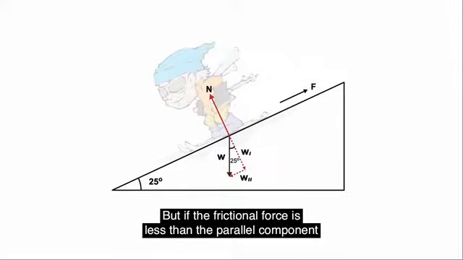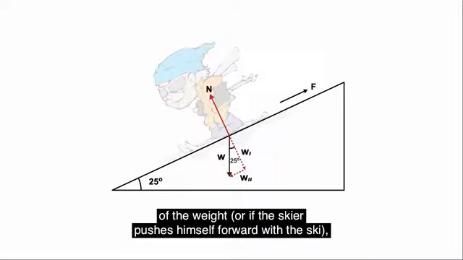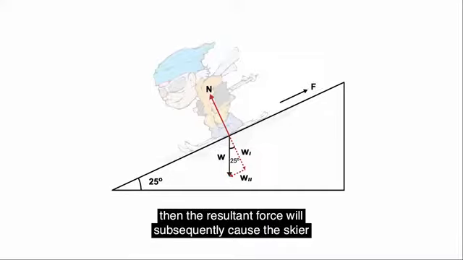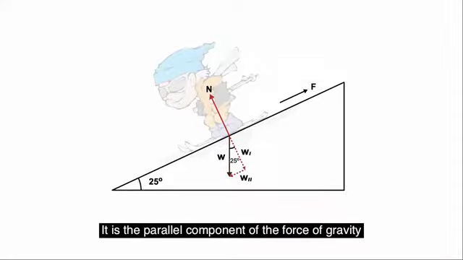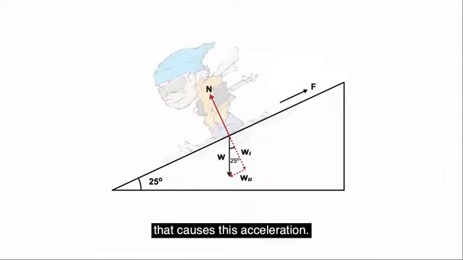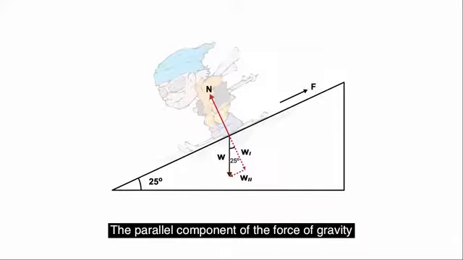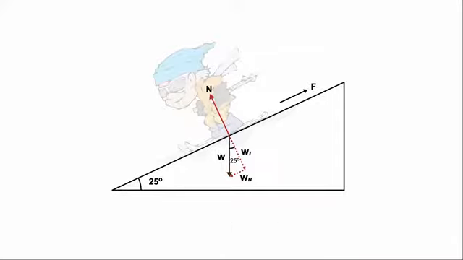But if the frictional force is less than the parallel component of the weight, or if the skier pushes himself forward with the ski, then the resultant force will subsequently cause the skier to accelerate down the slope. It is the parallel component of the force of gravity that causes this acceleration. The parallel component of the force of gravity is the net force.